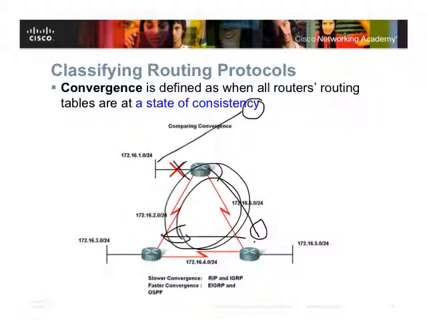And this is what we call convergence. So convergence means that all the routing information in all the routers is in a consistent state, which should never cause any loops or any mistake in routing the packets. Any questions here?